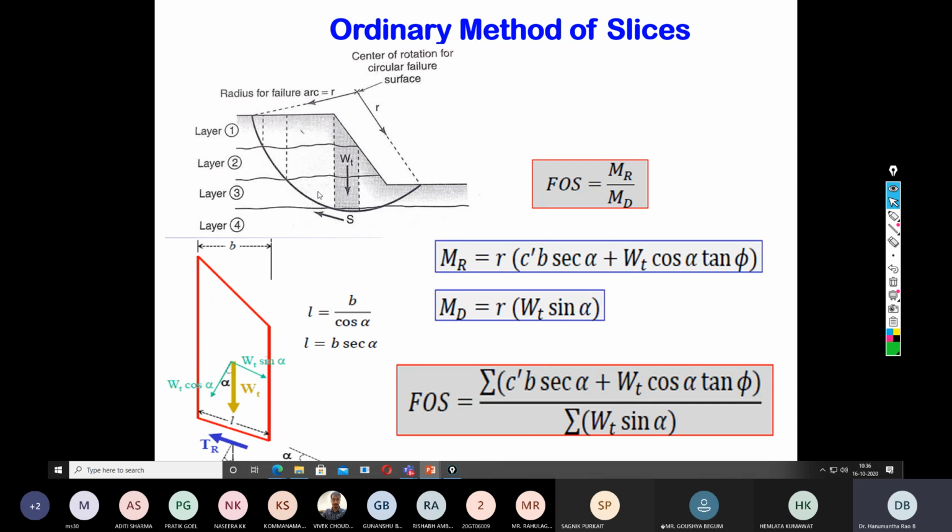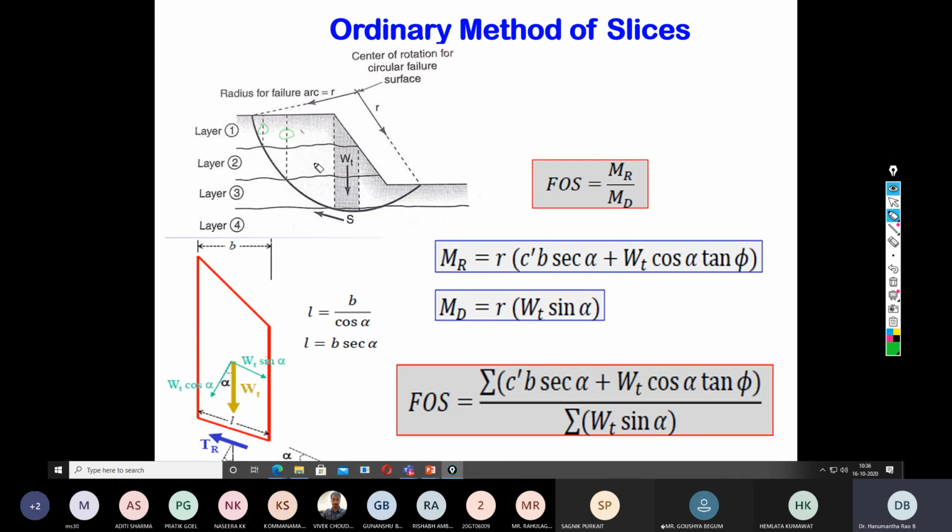That means we are assuming that each individual slice is acting independently. Now, when each slice acts independently, there should be a development of normal and shear force at the interface of each slice.